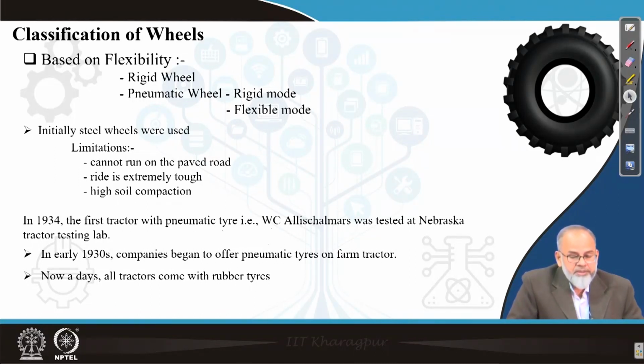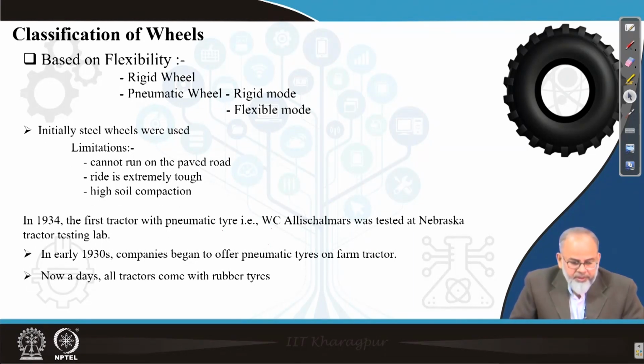As a result, the wheel will sink and it will behave like a rigid wheel. When the ground has sufficient strength, it will deflect the wheel, so it will be in a flexible mode of operation.